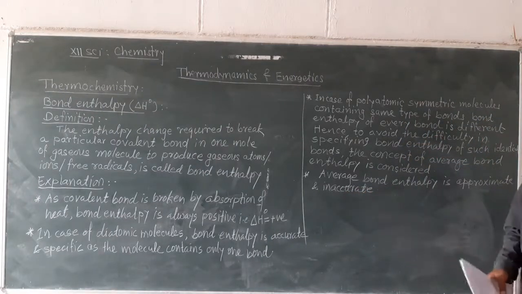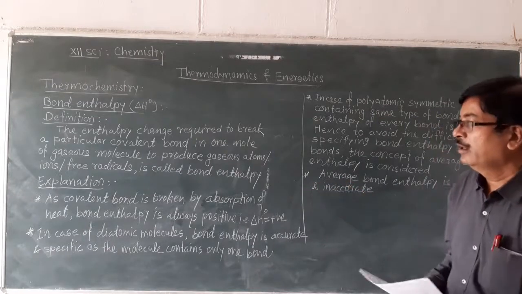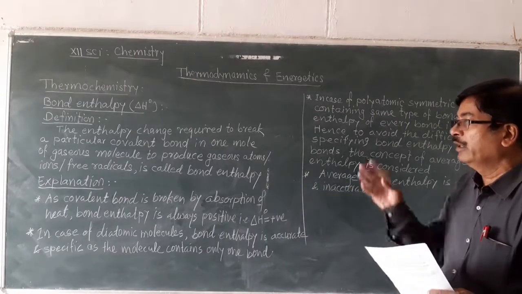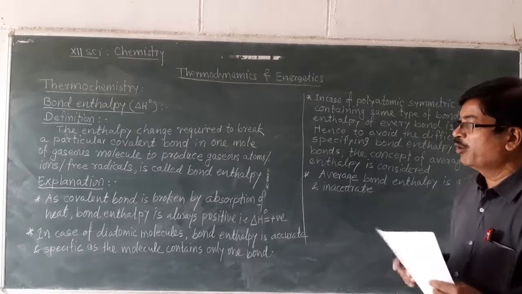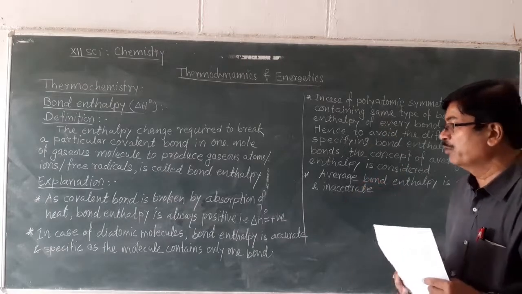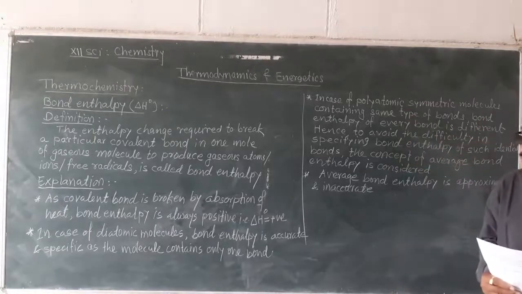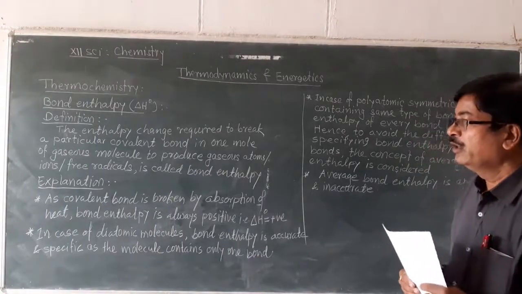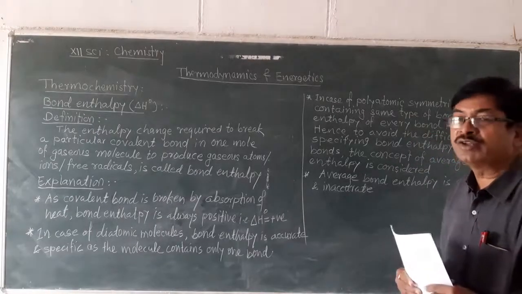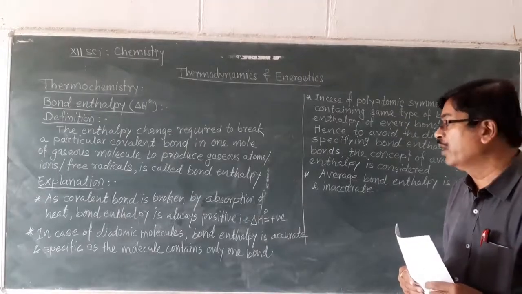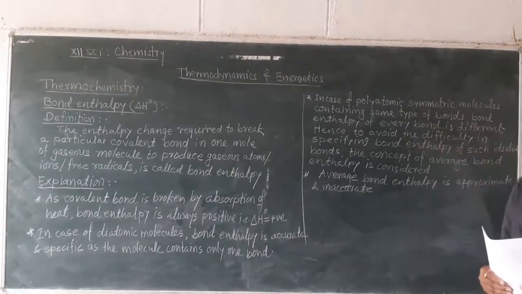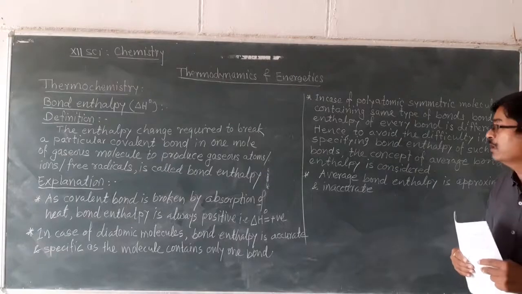These are some points regarding bond enthalpy. First of all, in case of bond enthalpy, the bond is to be broken by absorption of heat, and therefore bond enthalpy is always positive. In case of diatomic molecules containing only one bond between two atoms, enthalpy is accurate and specific.